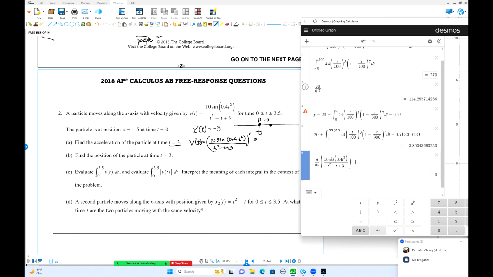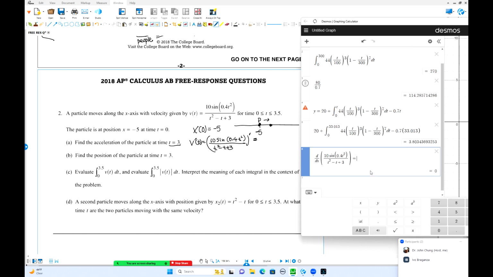That equals 0. That's correct, it can be 0, but it should be in terms of t. Or number equals? No, doesn't work.